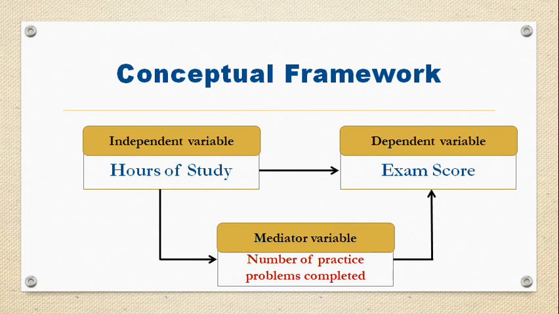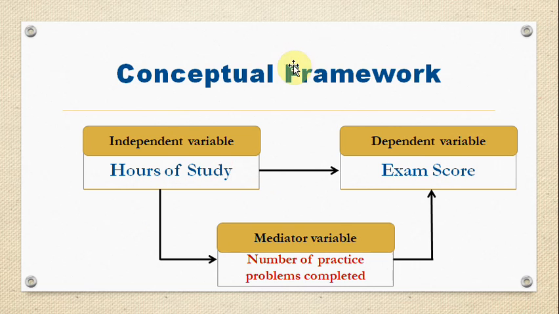In this case, someone is looking at the results score, examination score of students, which is the dependent variable, and you want to see how the hours of study affect exam scores.